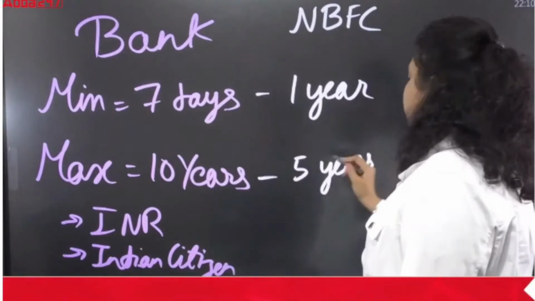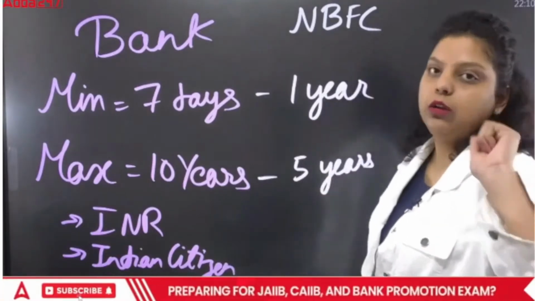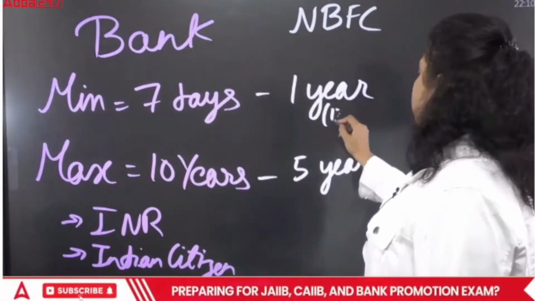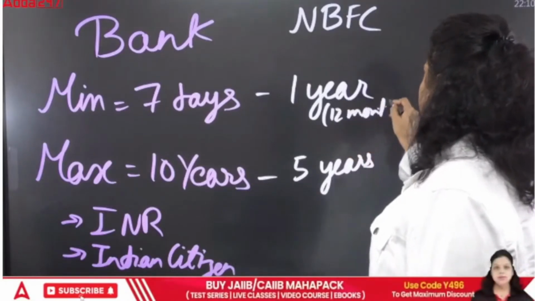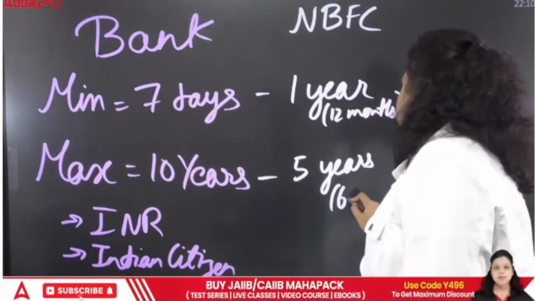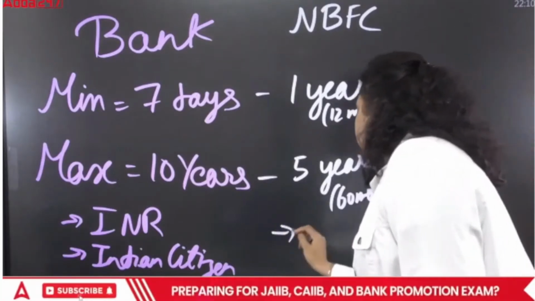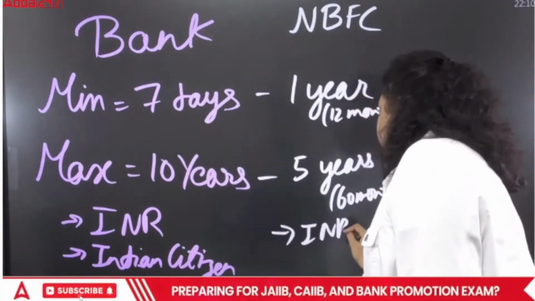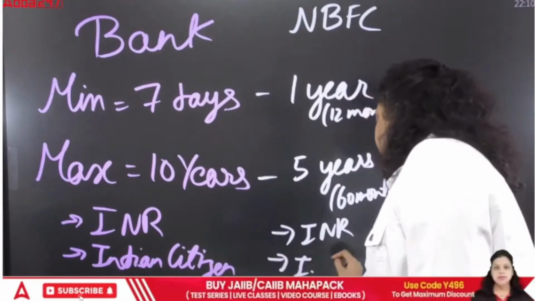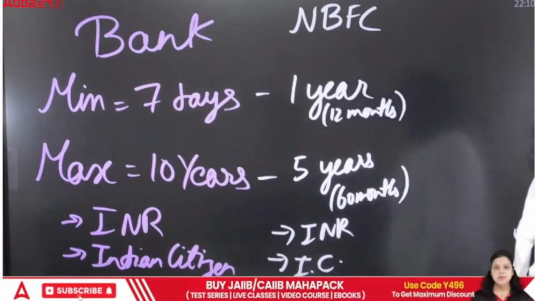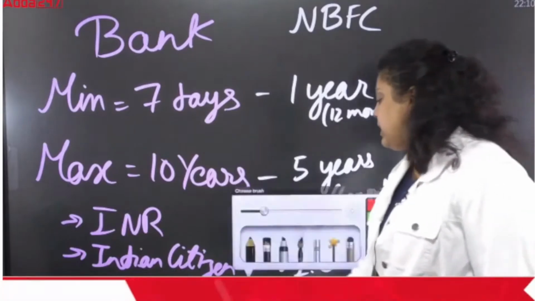Okay, and sometimes in the question it will be asked in the value of months. The unit will be months. So 12 months and 60 months. Do remember in the months only. And this FD will be maintained in Indian currency, and it will be maintained by the Indian citizen only. Okay, this is in case of NBFC.